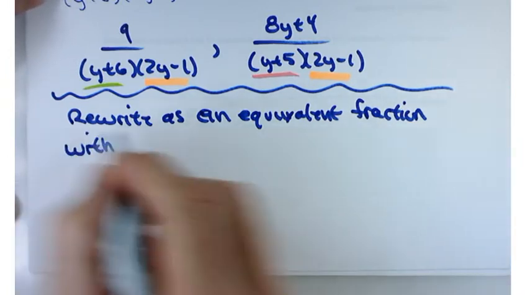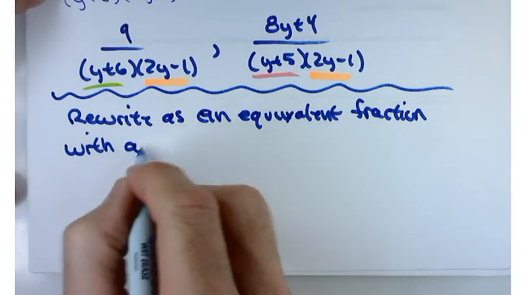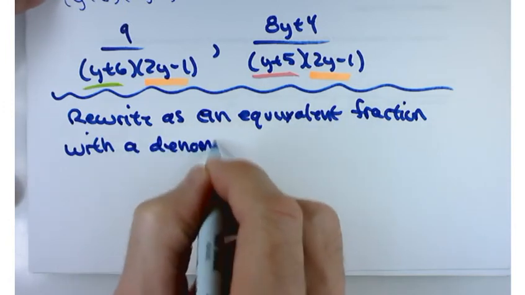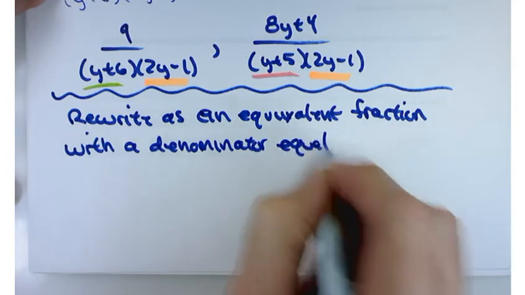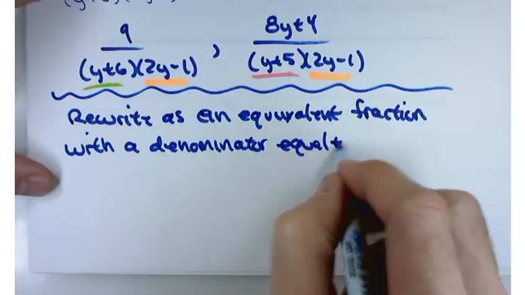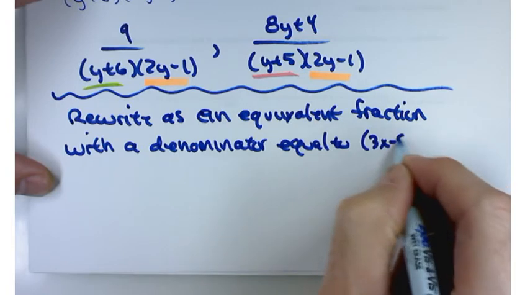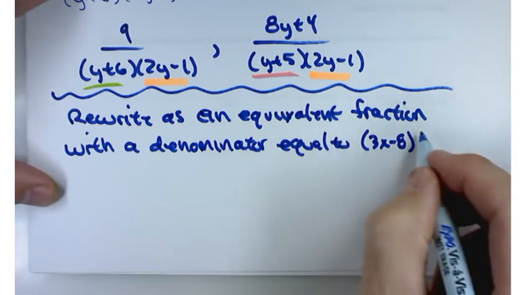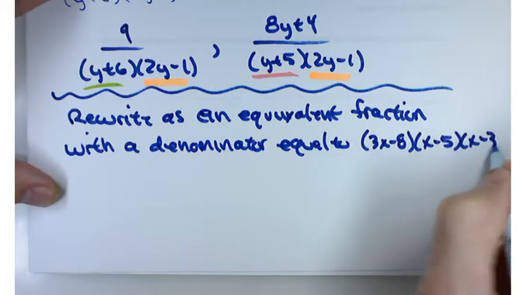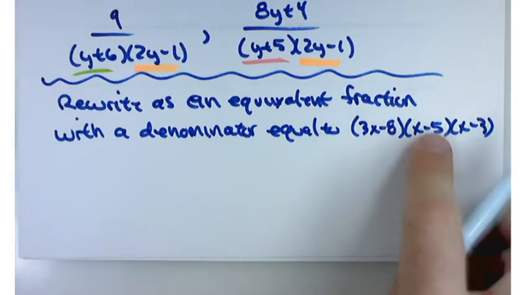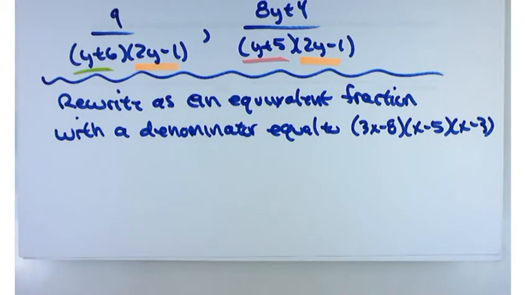With a denominator equal to 3x minus 8 times x minus 5 times x minus 3. So that's the denominator that you want.